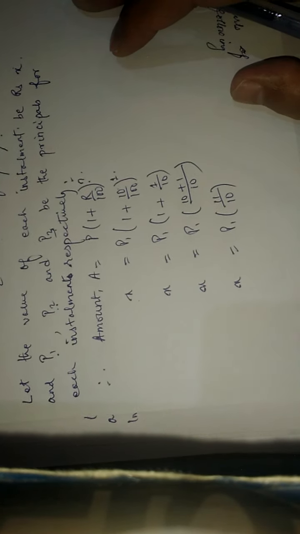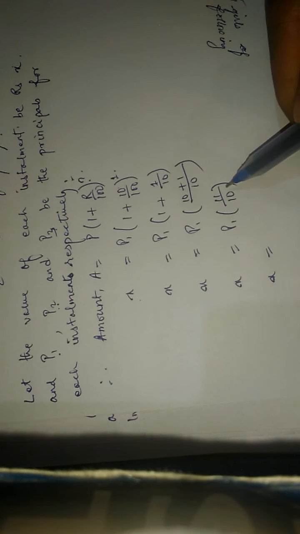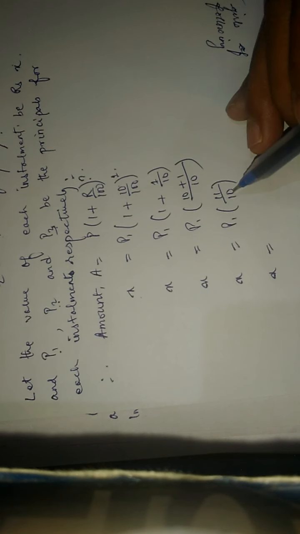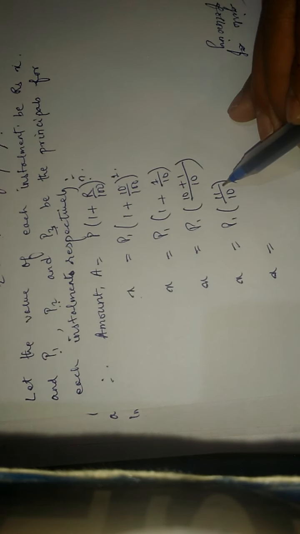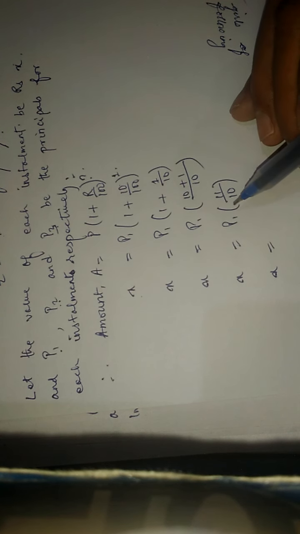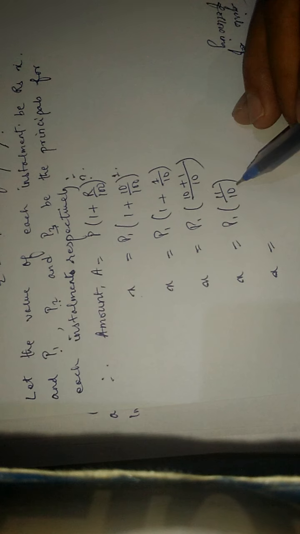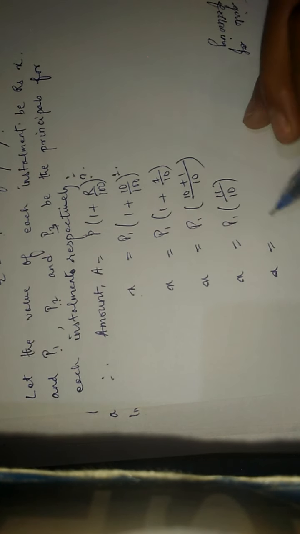Here we have to take this 11 by 10 to the left side. As I said, if you take any fraction and it jumps over the equal sign, the denominator will go up and the numerator will be at the denominator.